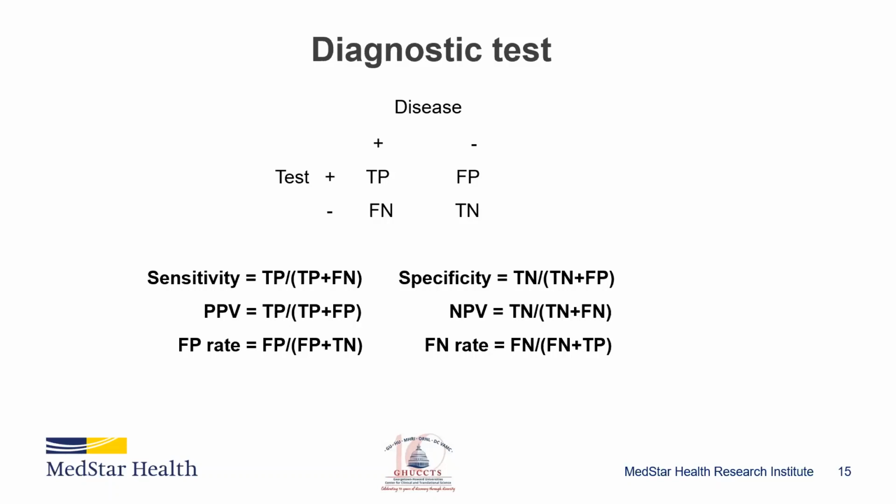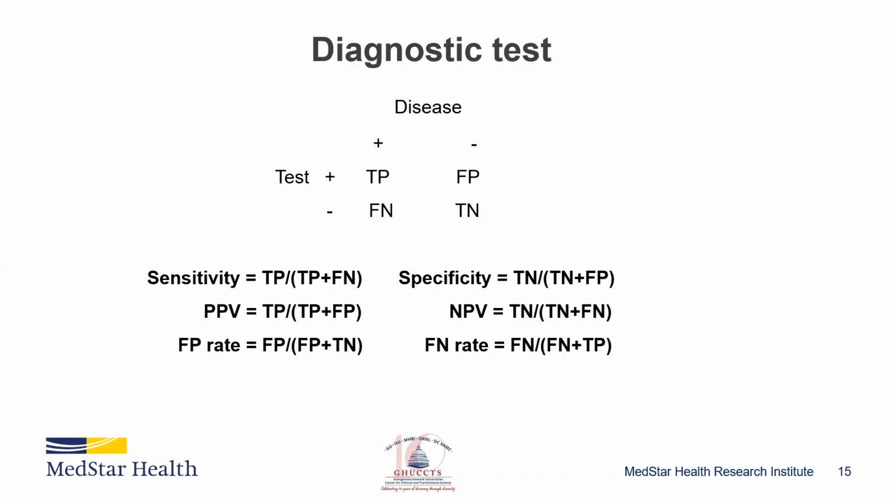And so the statistics that we can compute from our 2x2 table here are, first of all, what's known as sensitivity and specificity. Sensitivity is just the number of true positives divided by the number that actually have the disease. And specificity is the number of true negatives divided by the number of patients that actually don't have the disease. And then we can compute our predictive values, both positive and negative.